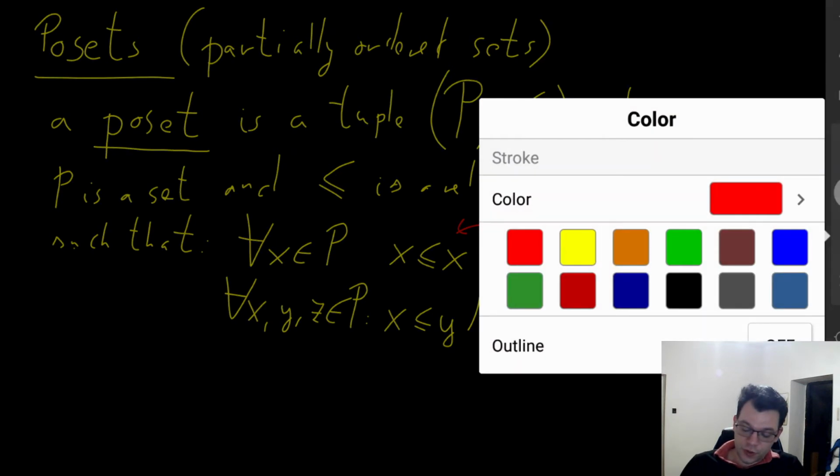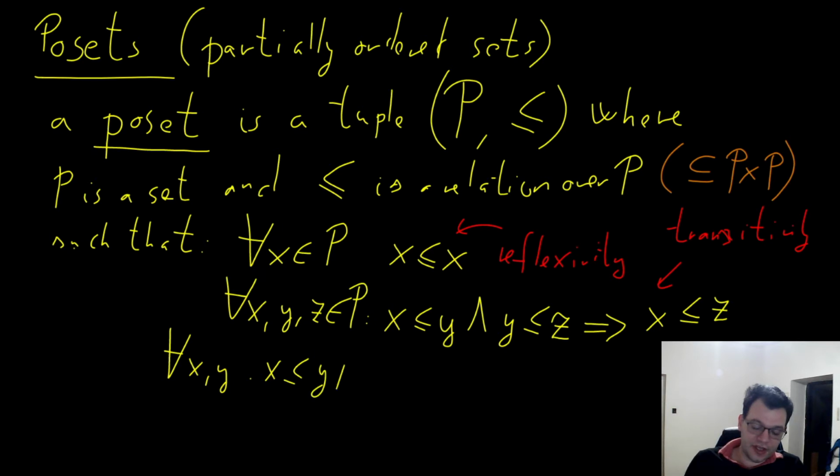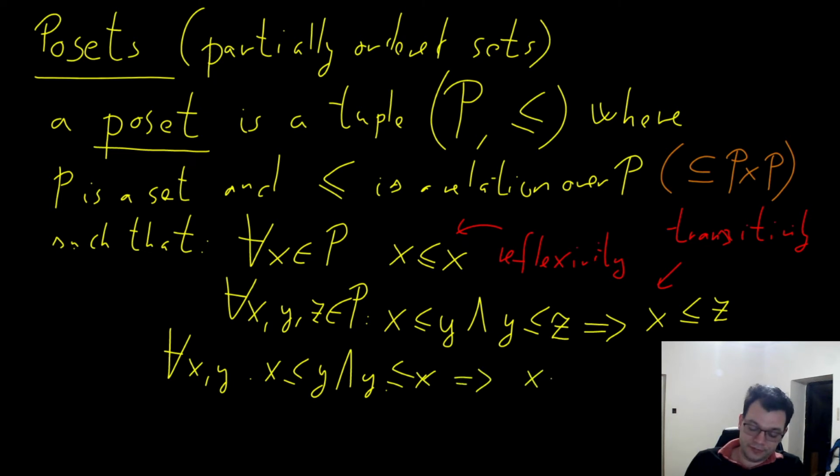And there is a third one, which says that if I have 2 elements and X is a lower bound of Y and also Y is a lower bound of X, then they have to be the same. That's the third one.